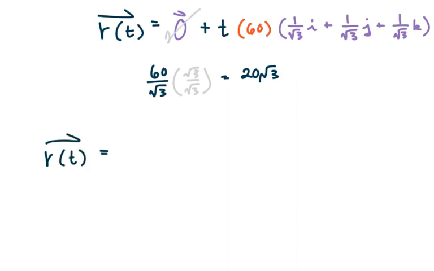The 0 vector is gone. The 60 and that root 3 become 20 root 3 t, and what I have left for my vector is just i plus j plus k. So this is the equation I would use. This gives me my resultant in terms of t.